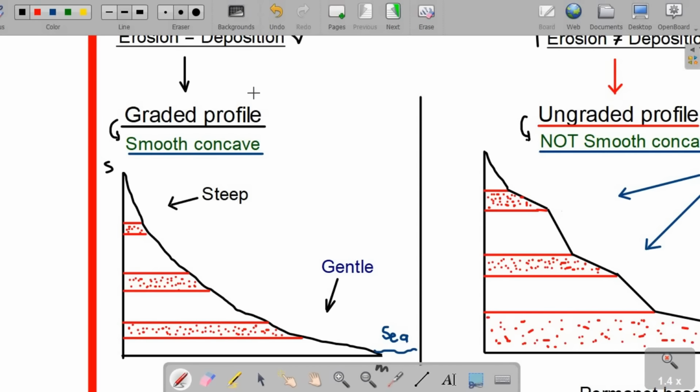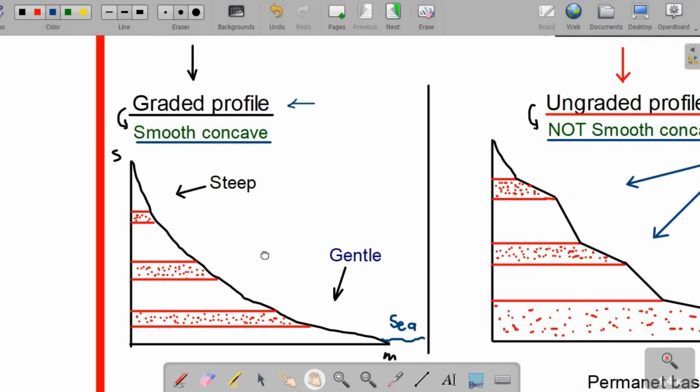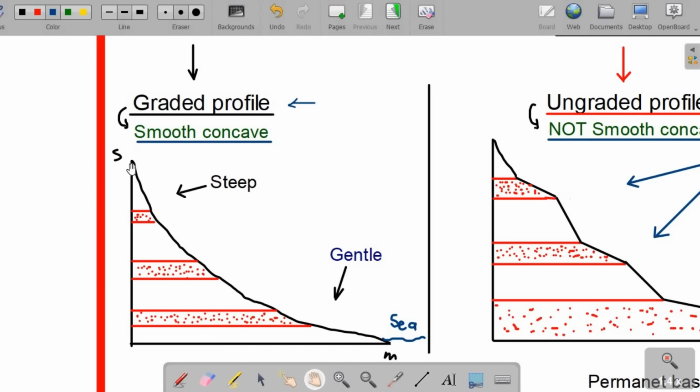We say that it is graded. It is a graded river, or a river that illustrates a graded profile. Simply, a graded profile is one that is smooth concave: steep in the upper course and then gentle in the lower course as you move.